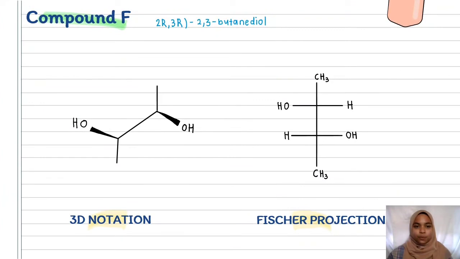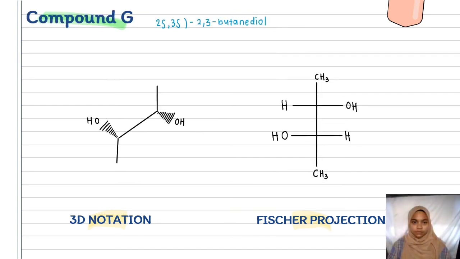So this is compound F. Compound F is (2R,3R)-2,3-butanediol. As you can see here, there are two hydroxy groups attached to the carbons, which shows that it is butanediol. So that is how the 3D notation and Fischer projections show compound F. Compound G is (2S,3S)-2,3-butanediol.